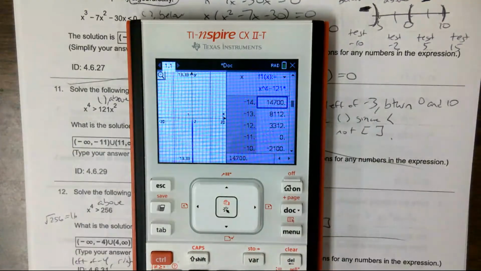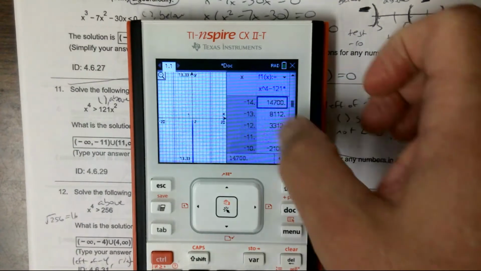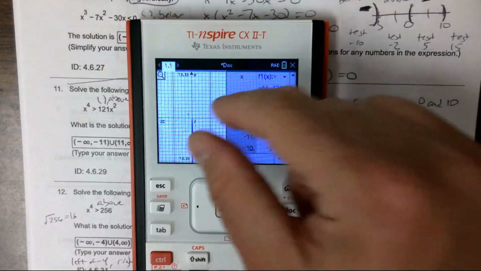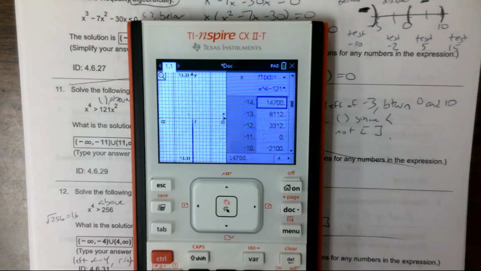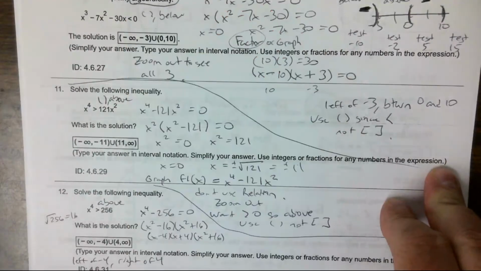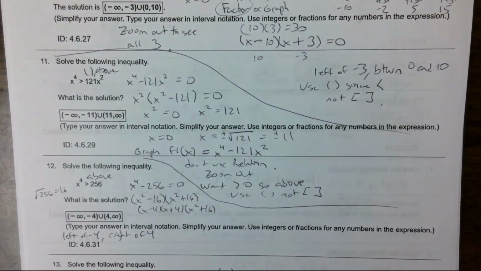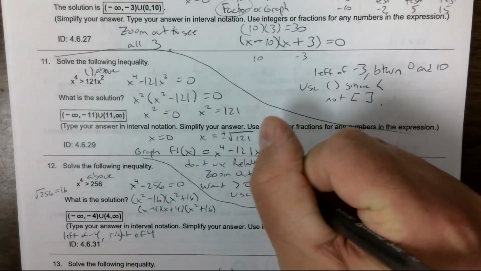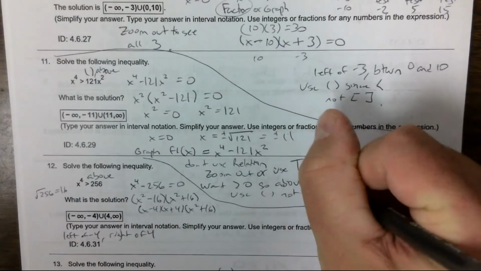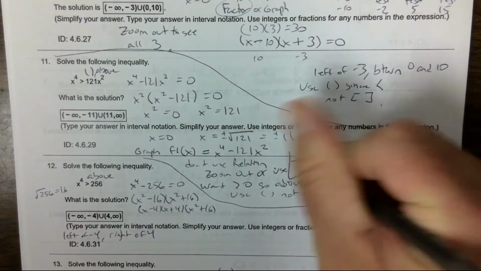So personally, I prefer using the table to zooming out or doing menu 4a. But again, you do whatever you like best. So zoom out or use the table. And I really do like the table the best.